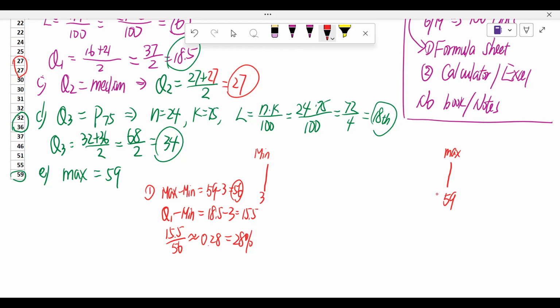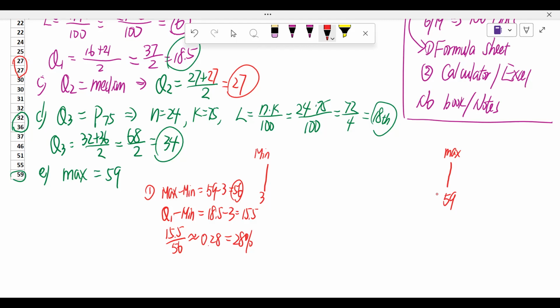Okay, so basically, in this particular data set, quartile one is separating the bottom 28% from the top 72%. Supposedly, quartile one separates the bottom 25% from the top 75%.